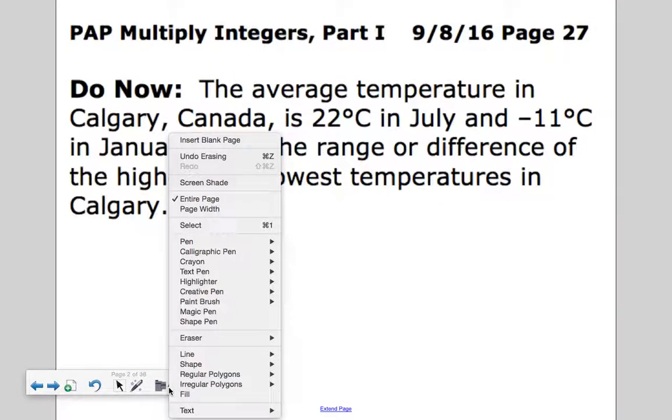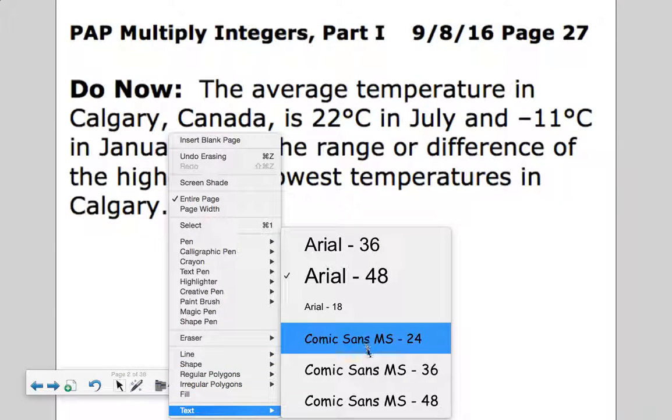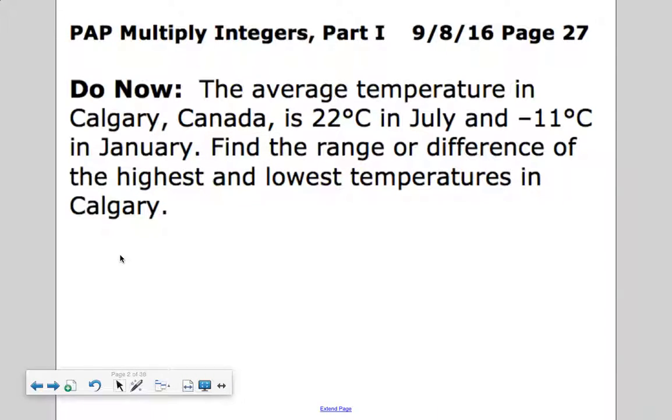So let's look at our do now for today. The average temperature in Calgary is 22 degrees Celsius in July, and negative 11 degrees Celsius in January. Find the range or difference of the highest and lowest temperature in Calgary.